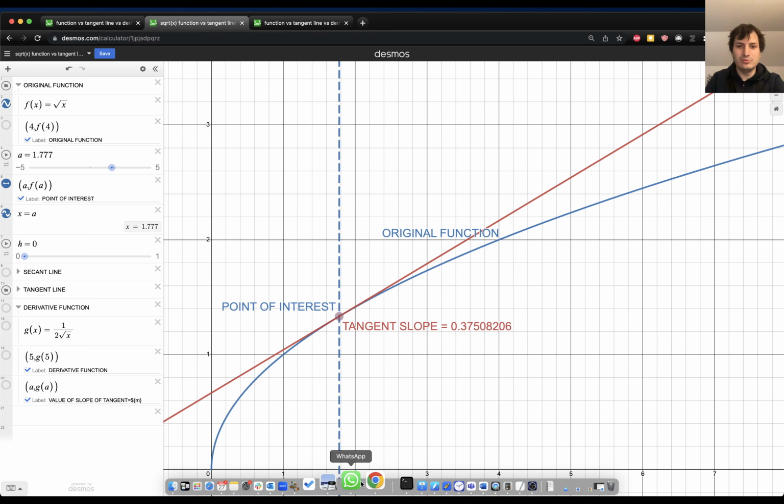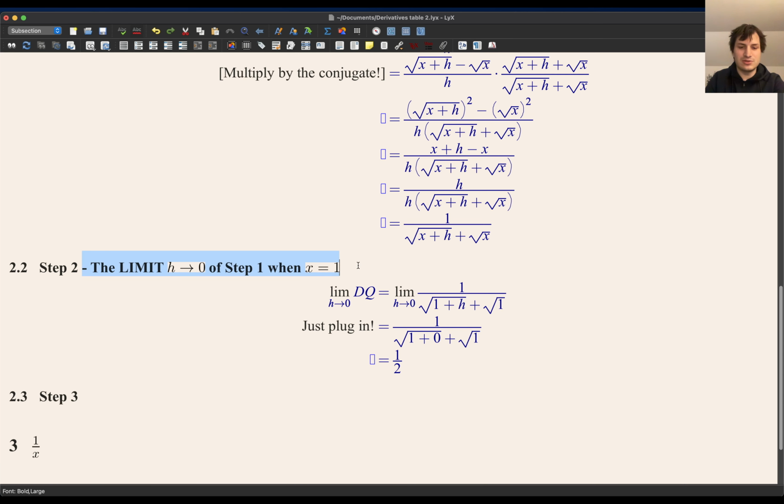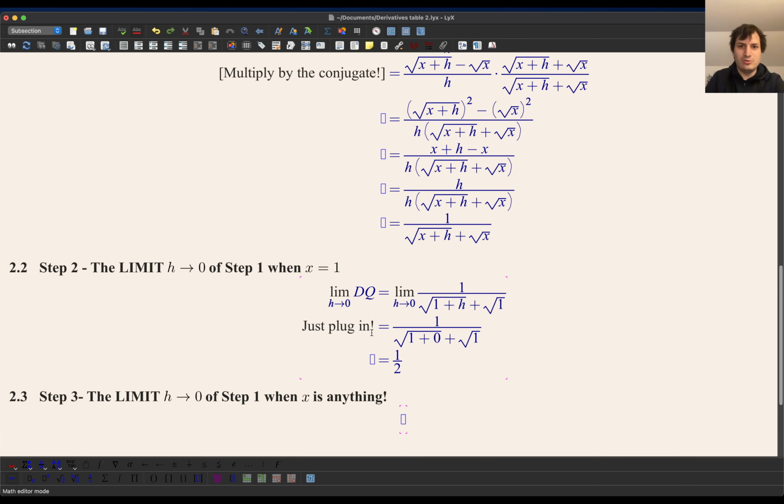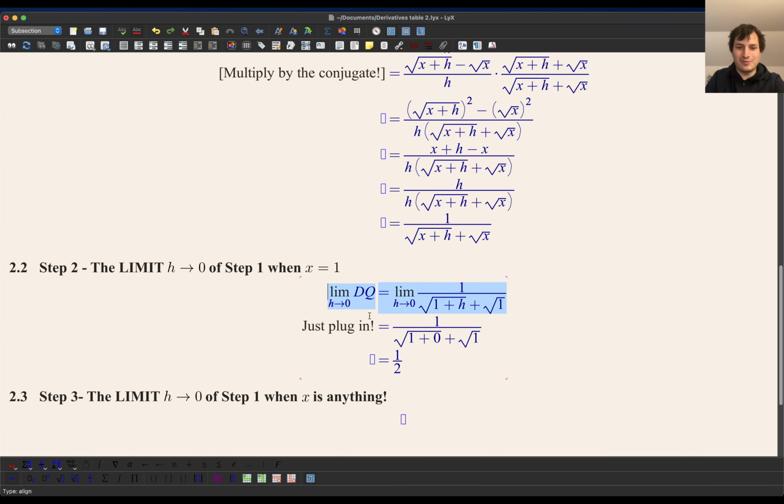So we can do step 3 now, which is the limit as h goes to 0 for any x value, when x is anything, and same kind of limit. There's no problem in this limit. In fact, let me just copy the whole thing. Okay, let's just copy the first line.